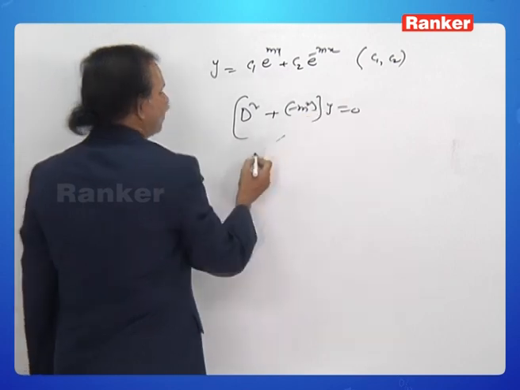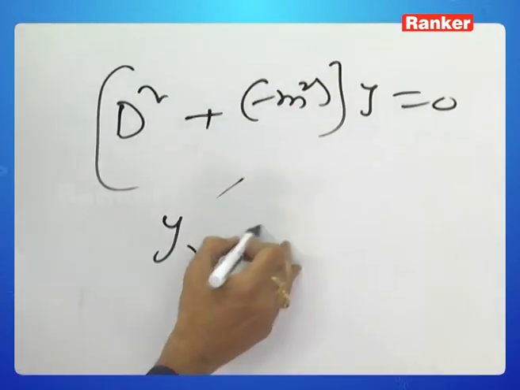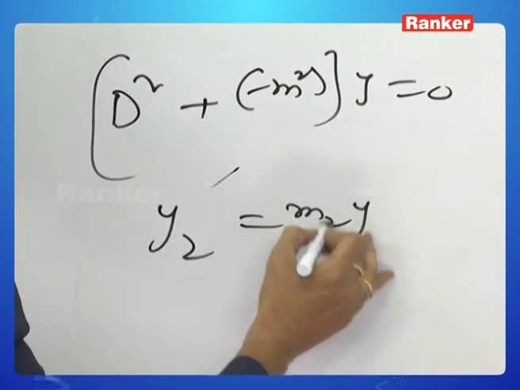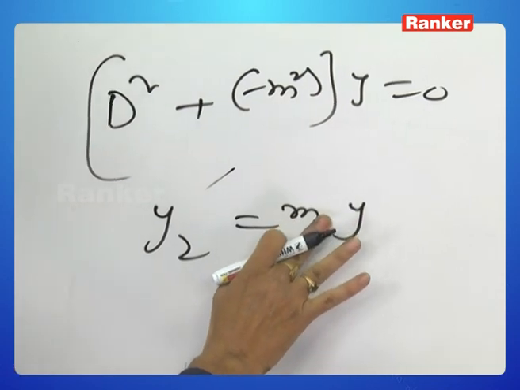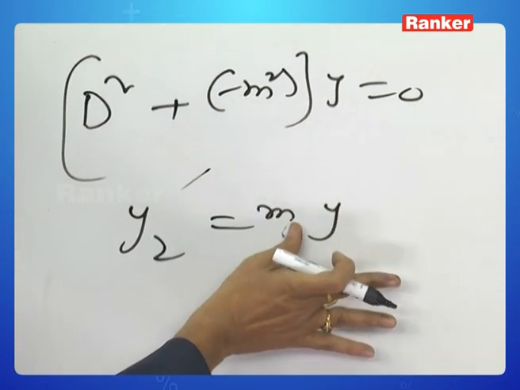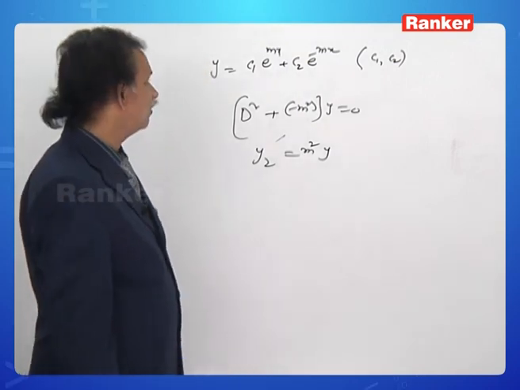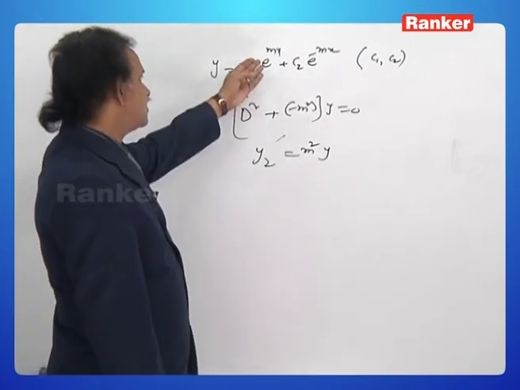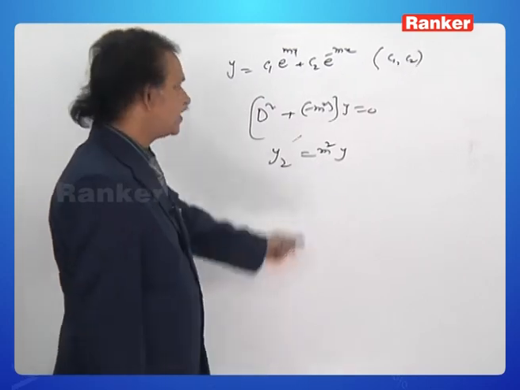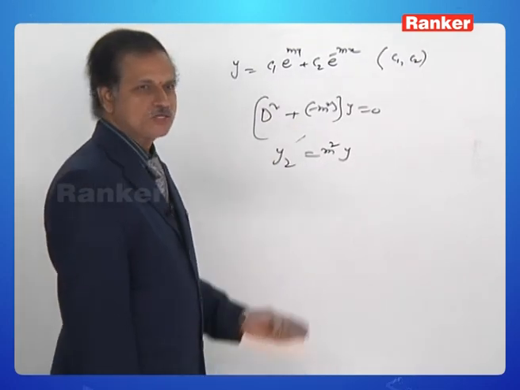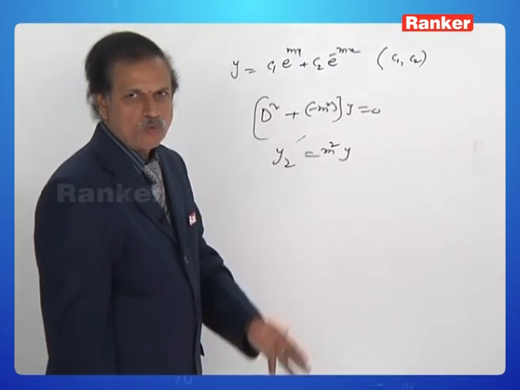Therefore, D square of y, y2, is equal to m square y. So, as and when you look at such things, please don't forget to use this. y2 is directly m square y.